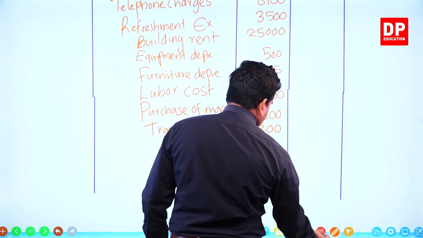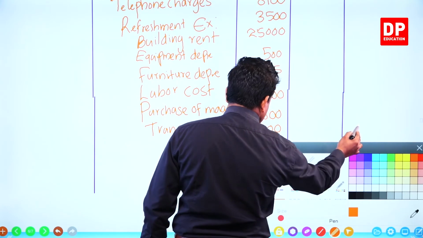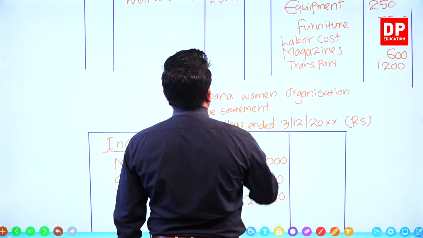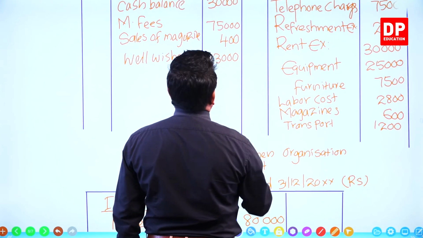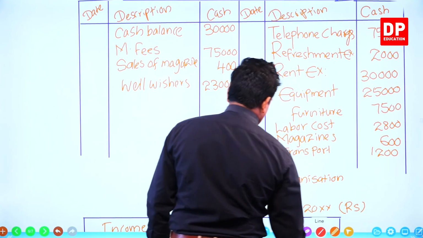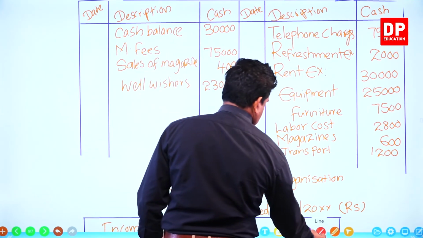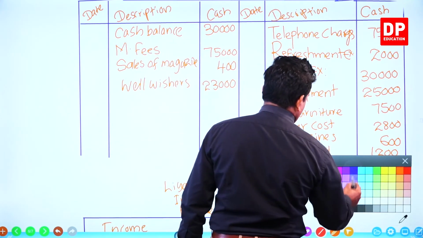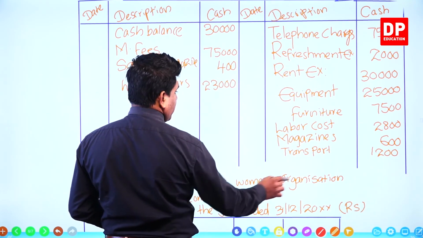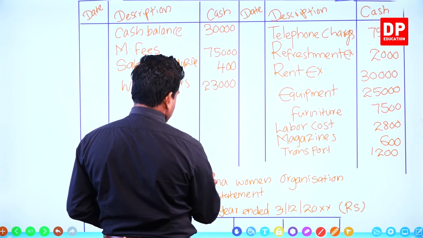Yes, now we can do the final calculations now, right? You know, first you get to the cash account, means receipts and payment, right? You get the total of this.